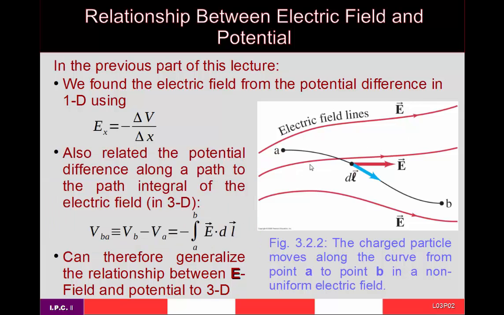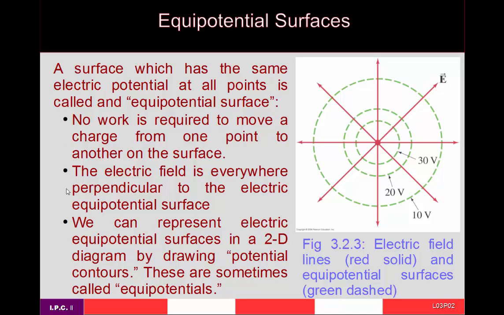What the relationship then is between the electric field and the drop in potential, or the drop in voltage, is that you can generally create what's called an equipotential surface. That's represented by these green dashed circles in this diagram.